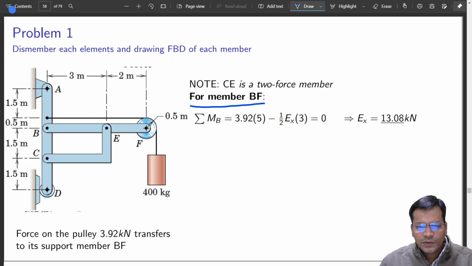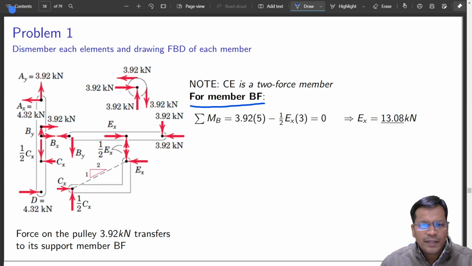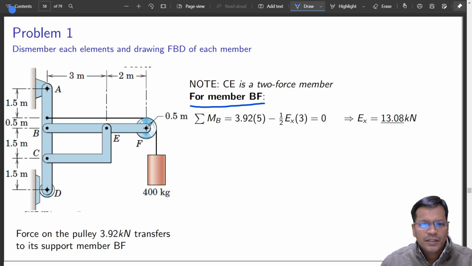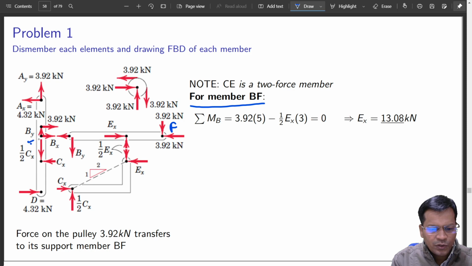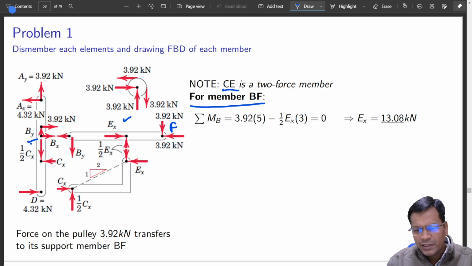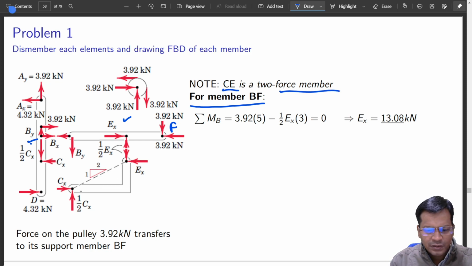So the BF member, where is that? Point B to point F, that is the straight horizontal link. This is your F, this is your B, and E was there in between, though it is not marked here. So this is a member. CE, this elbow one, is a two force member.